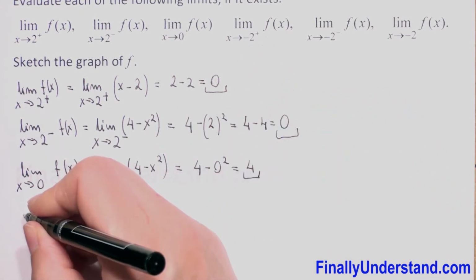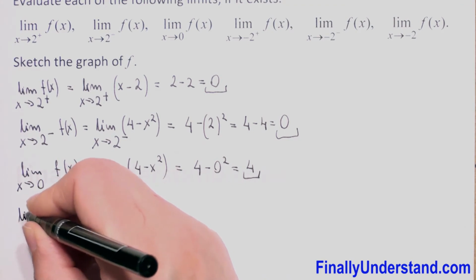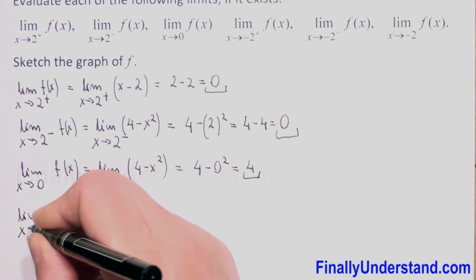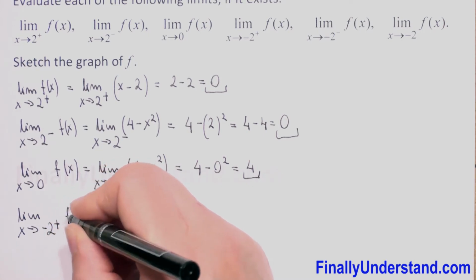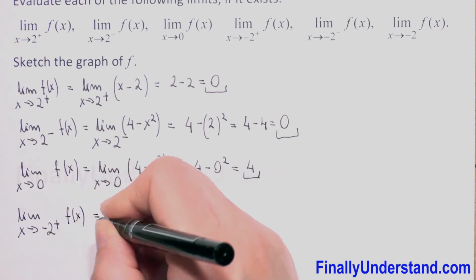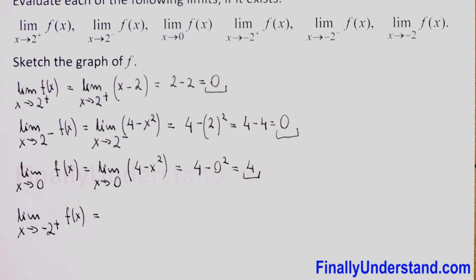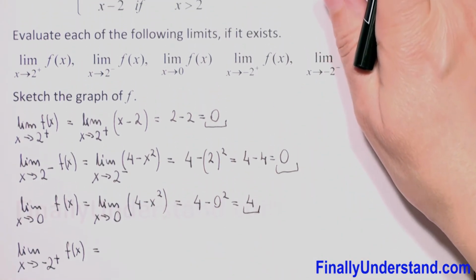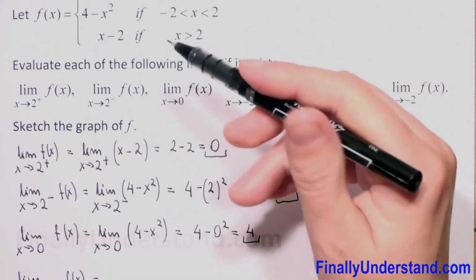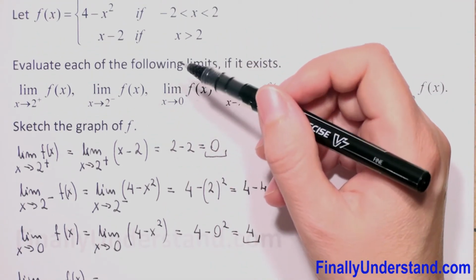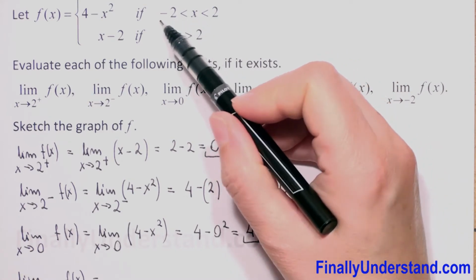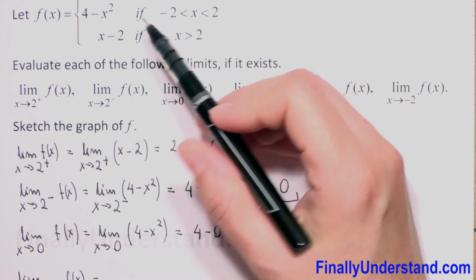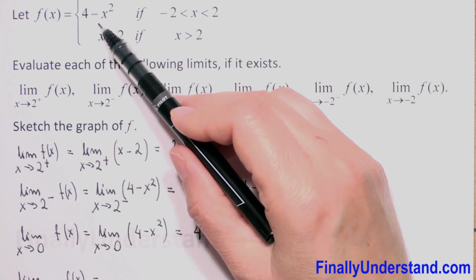Now we have to find the limit as x approaches negative 2 from the right. So let me write this. We have the limit as x approaches negative 2 from the right of f(x). So first we have to find which formula belongs to this x. X approaches negative 2 from the right side, so the value must be greater than negative 2. So we have to use this formula.